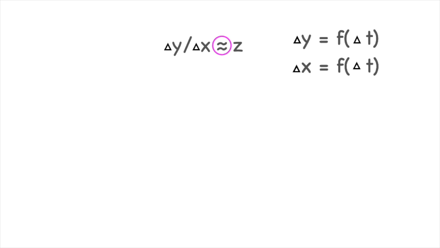Now it may be that as delta t approaches 0, and both delta y and delta x get closer and closer to 0, the approximation becomes more and more accurate, until eventually it is correct to say dy to dx equals z. That is, the ratio of infinitesimal amounts of y and x equals some finite value.